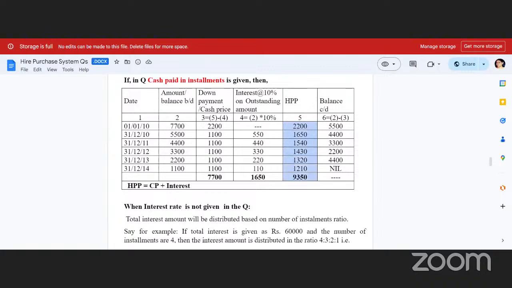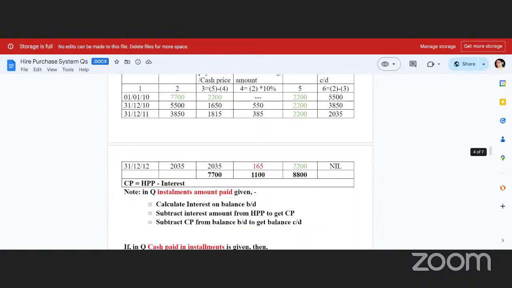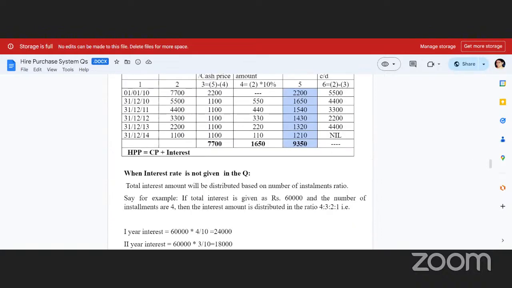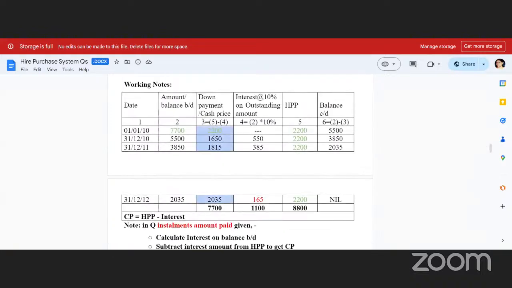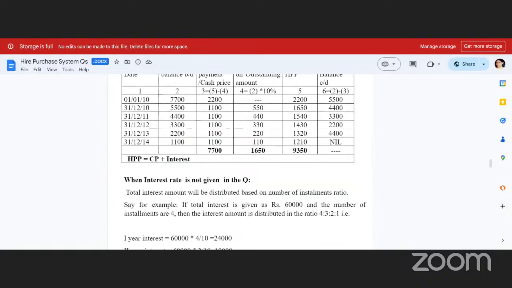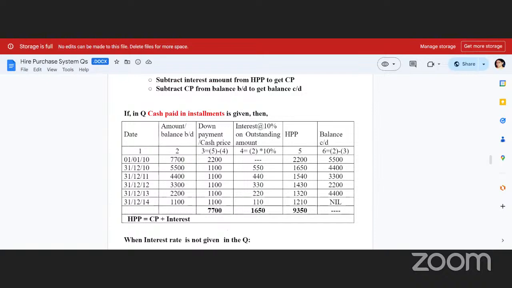This is the one you are supposed to find. Instead, in the previous question you were asked to find the cash price paid. Because the initial amount paid and the installments were given, cash paid for each installment we calculated. Whereas in this method, he asks you to find the hire purchase price.